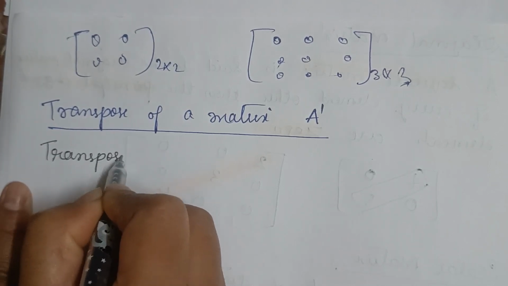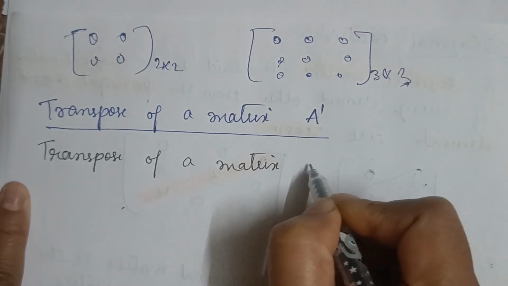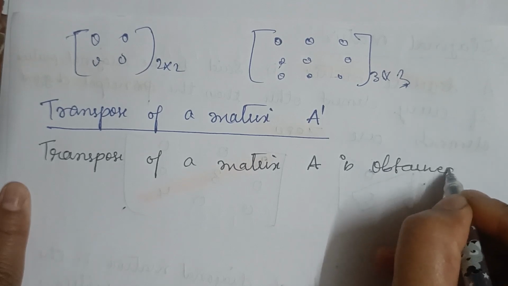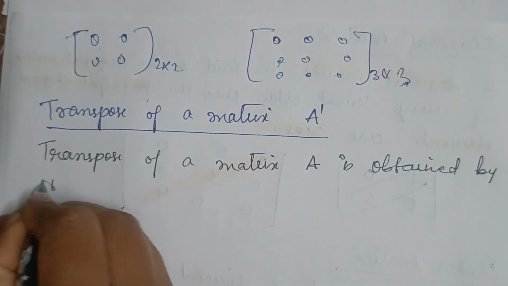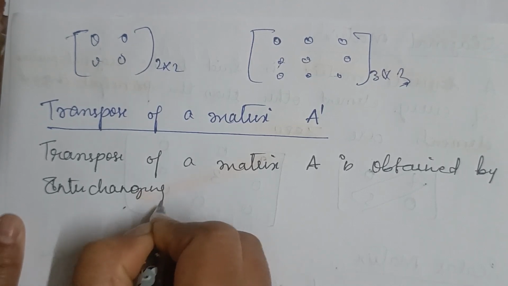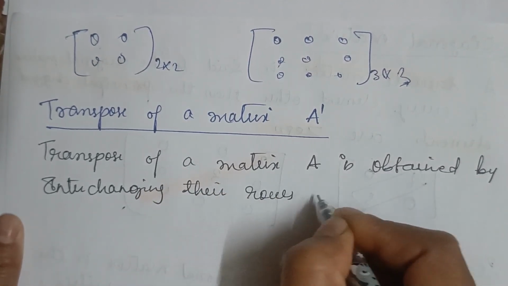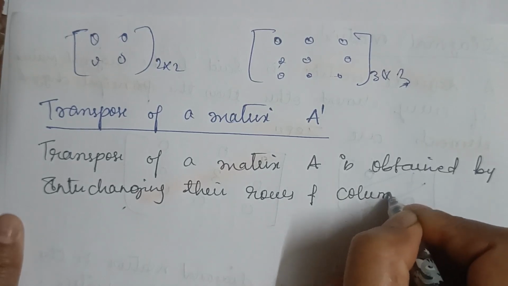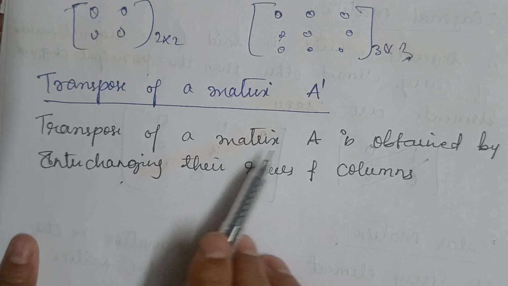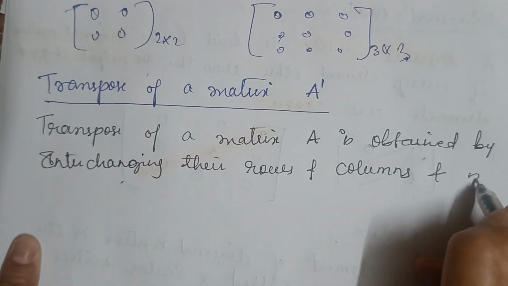Transpose of a matrix A is obtained by interchanging its rows and columns.